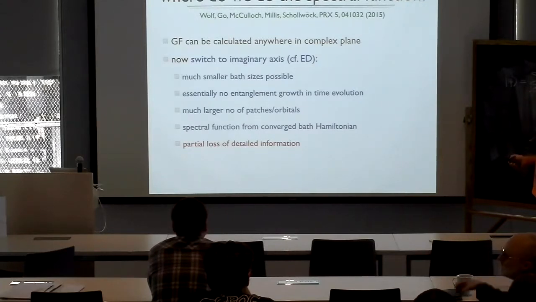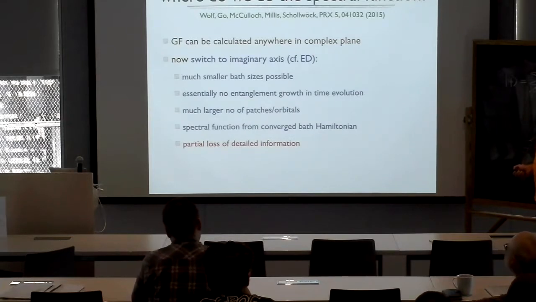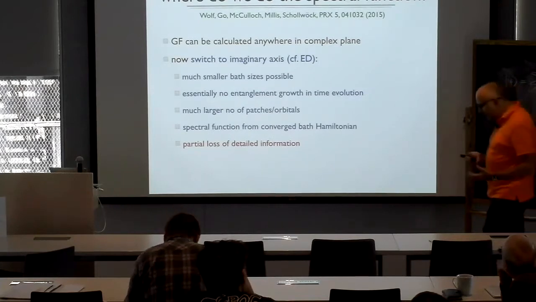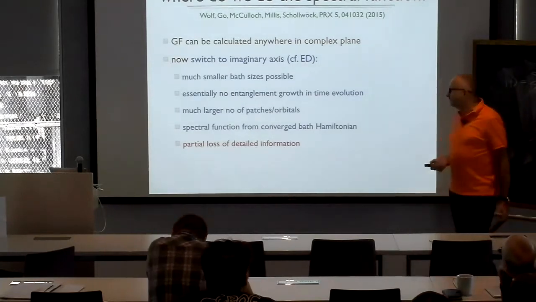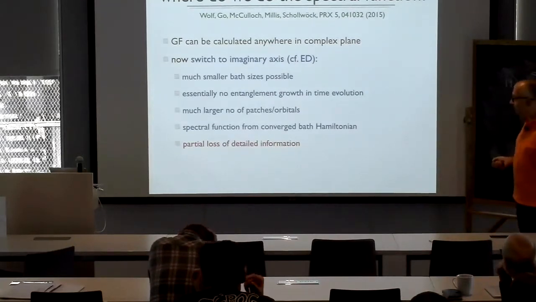We went to the imaginary axis. Why? Bath fitting on the imaginary axis is much simpler because there is less structure there. If we do the time evolution in imaginary time, because this is basically a projection, there's essentially no entanglement growth in the time evolution, so we don't really have this usual problem.